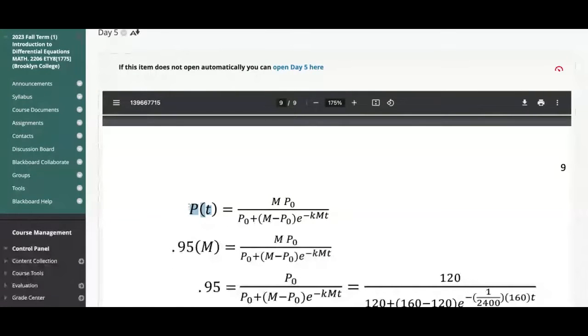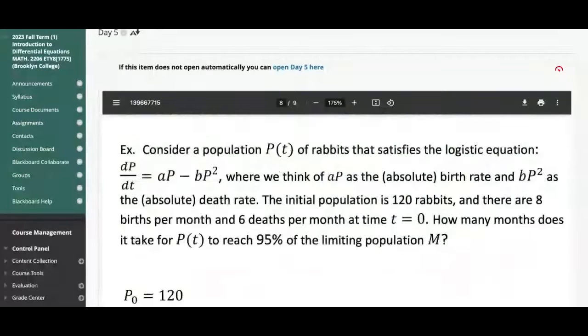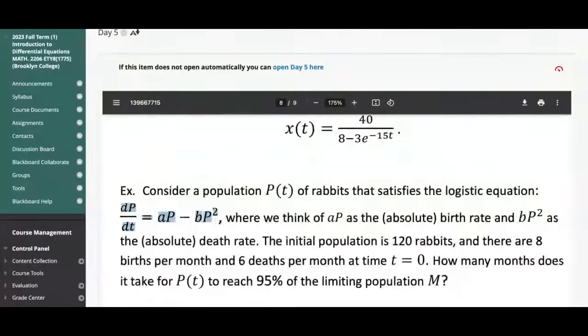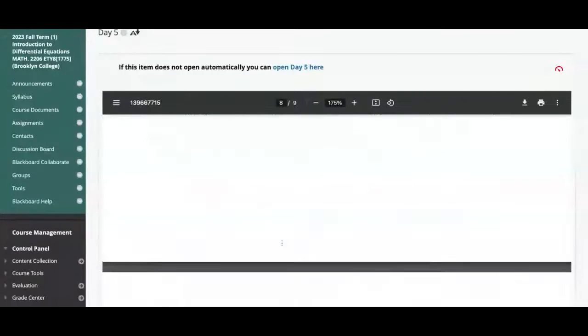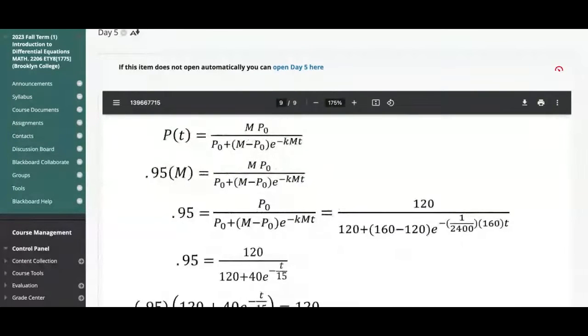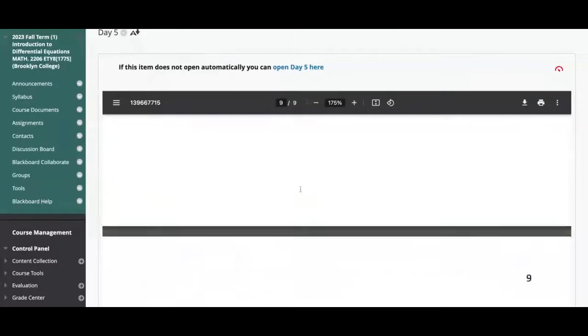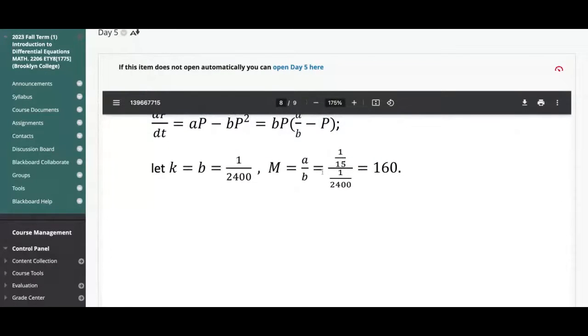So we use the one we had before, right? Remember, this is a solution for such an equation. So we just plug in all the numbers. K is B, M is the carrying capacity 160.